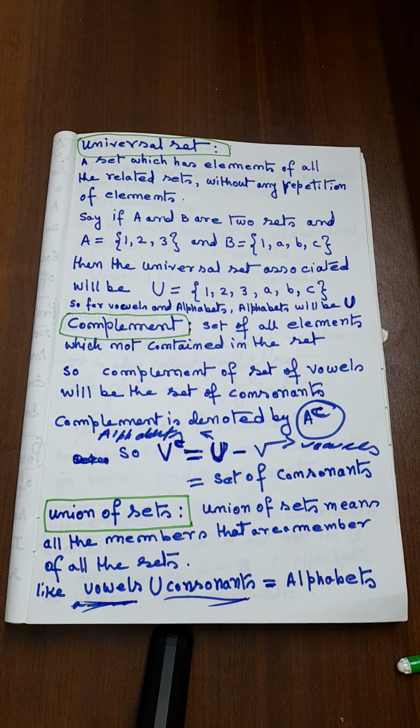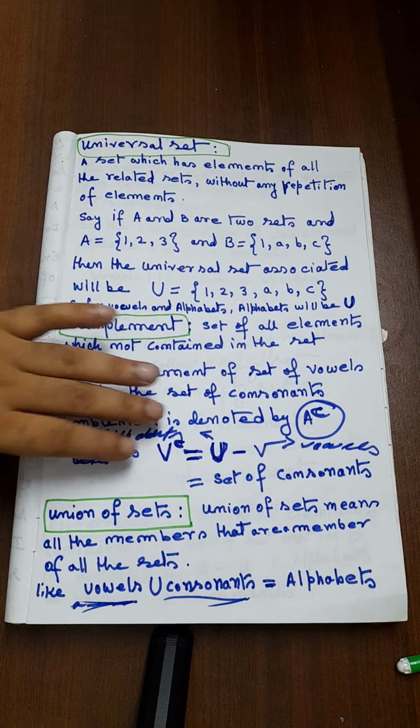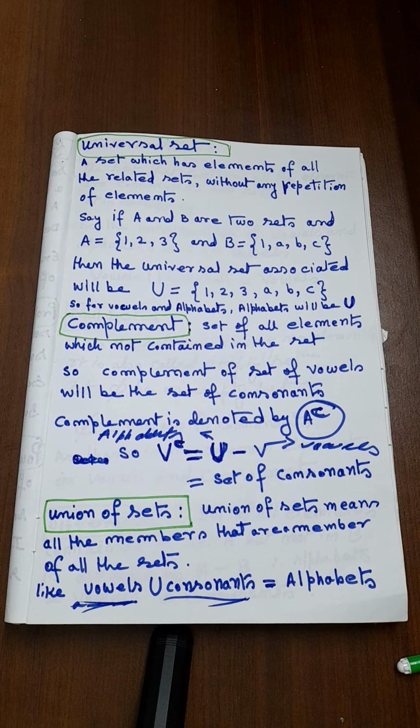So the complement of the set of vowels will be the set of consonants. I have written it. Please take a screenshot of this, because all these things are necessary to understand abstract algebra and topology.